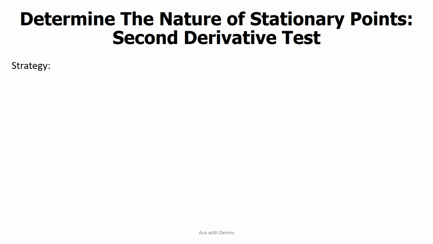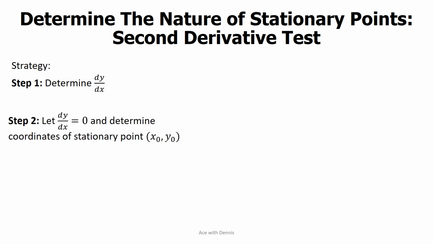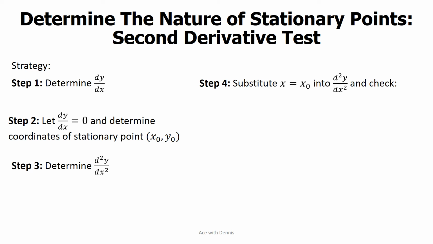Here is the strategy. Step 1. Determine dy over dx. Step 2. Let dy over dx equal 0 and determine the coordinates of the stationary point x0, y0. Step 3. Determine d squared y over dx squared.